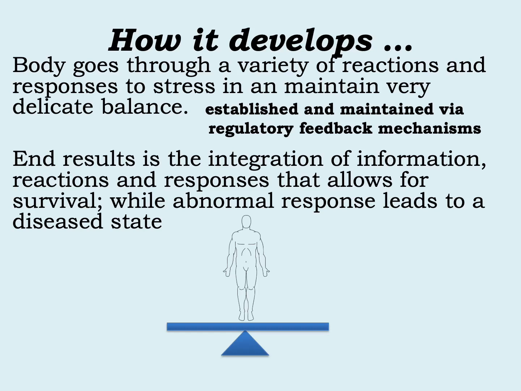The way in which we're able to maintain and get to this delicate balance is through a host of regulatory mechanisms. The regulatory mechanisms we refer to as being feedback. There are two principal types of feedback mechanisms, and we'll get to those two principal types here in a second.